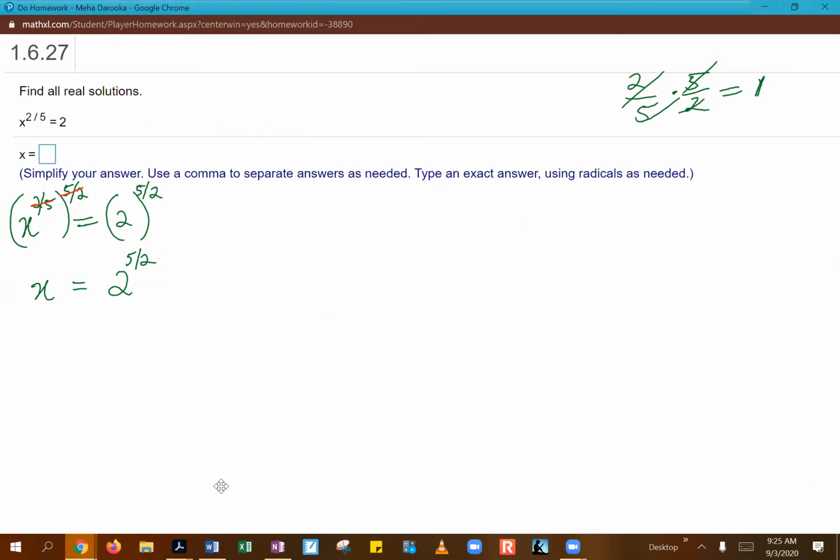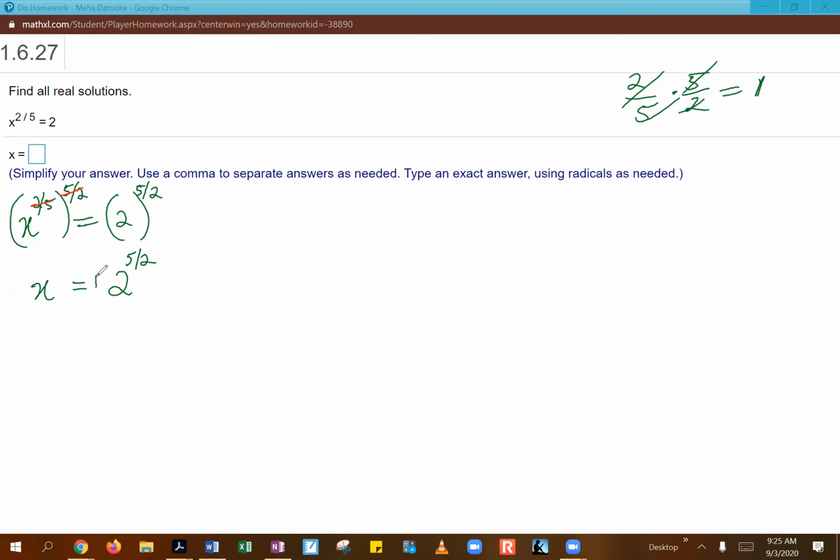That's the same thing we have over here. You will see our denominator is 2, which is an even number, and our base here, this 2, is also a positive number, so you will actually get one positive and one negative root.